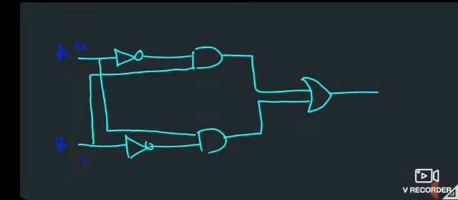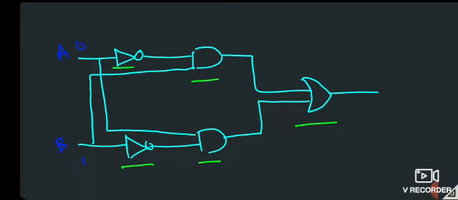In this logic circuit, there are three gates: two NOT gates, two AND gates and one OR gate.